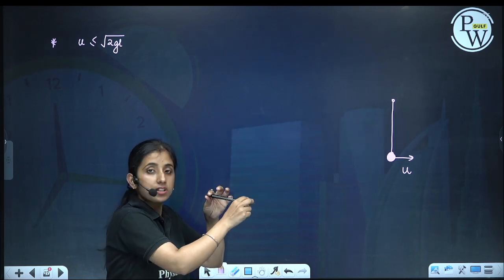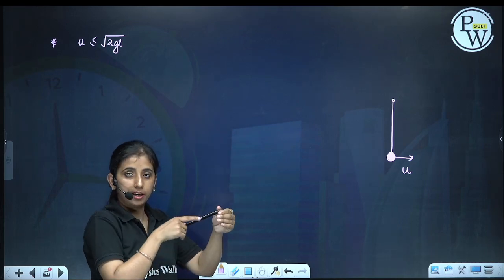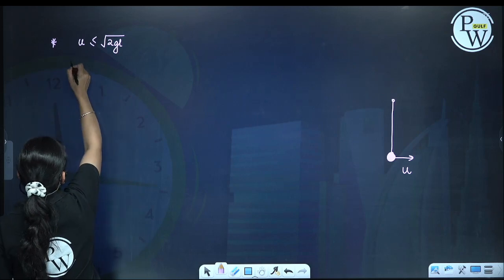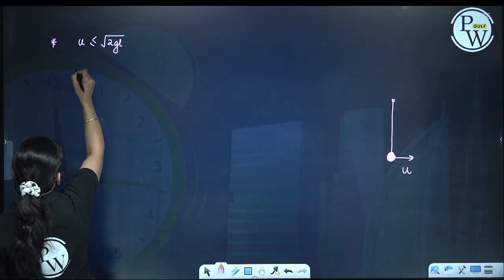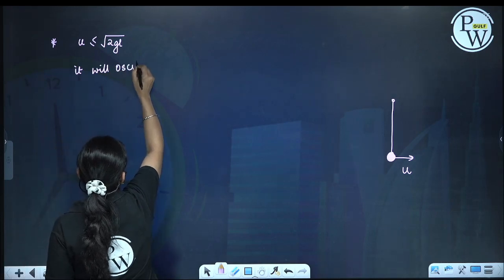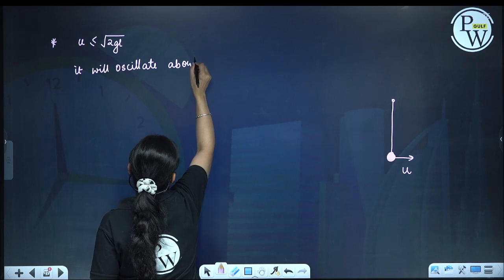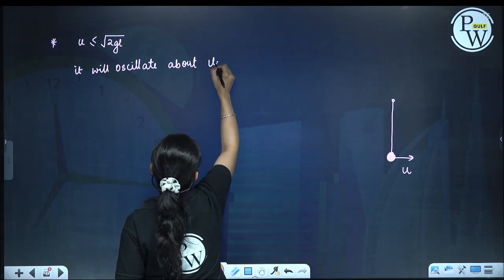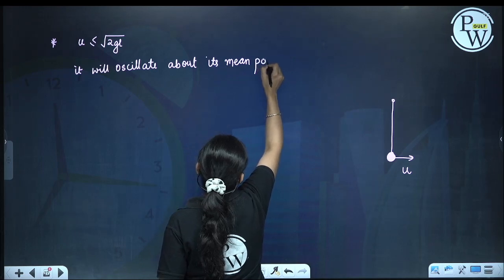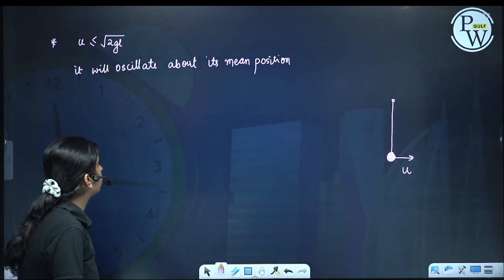It will go up to some point, then its velocity will become 0 and it will come back. It will oscillate about its mean position.